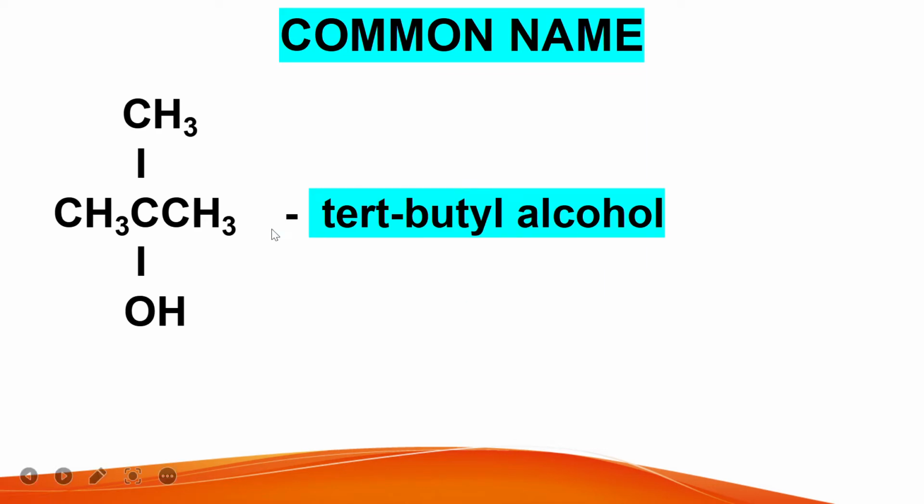Next, we have here the structural formula of tert-butyl alcohol. As shown in this structure, the hydroxyl group is bonded to a tertiary carbon atom. This carbon atom here is a tertiary carbon atom because it is bonded to 3 other carbon atoms.